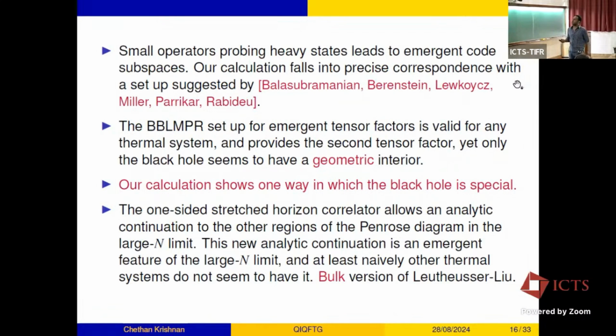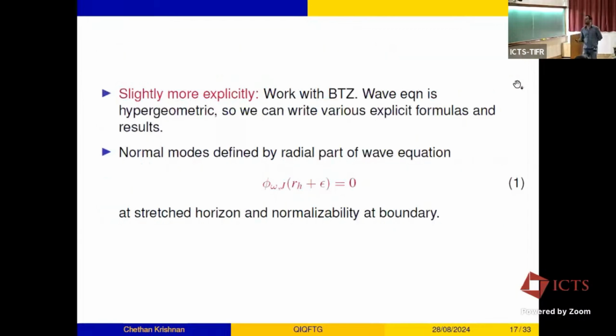So our calculation can be viewed as a realization of this, together with one extra ingredient, which is that there is an emergent analytic continuation into the interior, even though at no point have we demanded an infalling boundary condition. That's the statement, and I tend to think of it as a bulk version of this type 3 algebra transition, but type 3 is just a word for me, so I will leave it there. I'll say a bit more about that eventually.